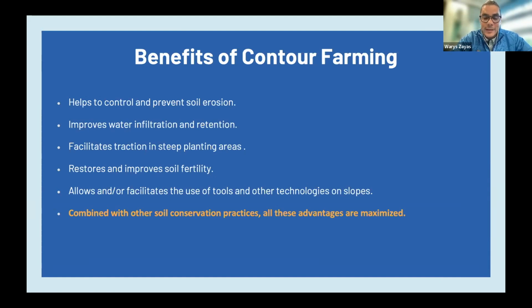Soil is in a constant state of development, but it takes so long that in our human lifespans, it would take several generations to see the complete cycle of soil development, right? So for that reason, we need to protect our soil.